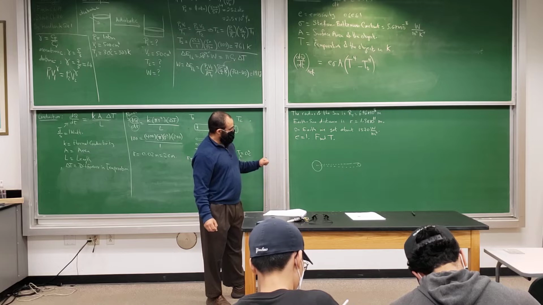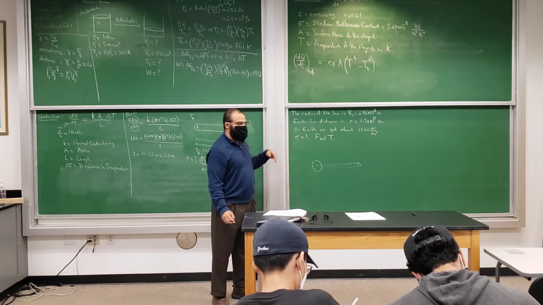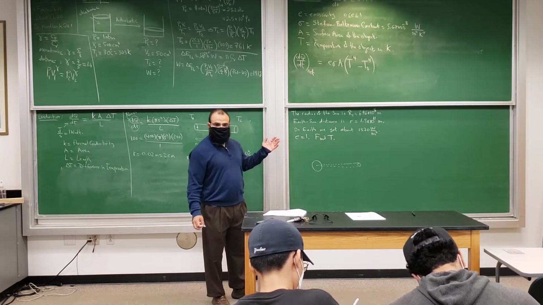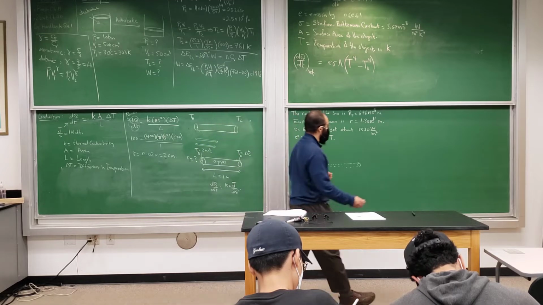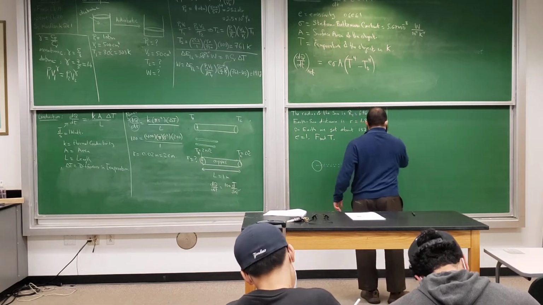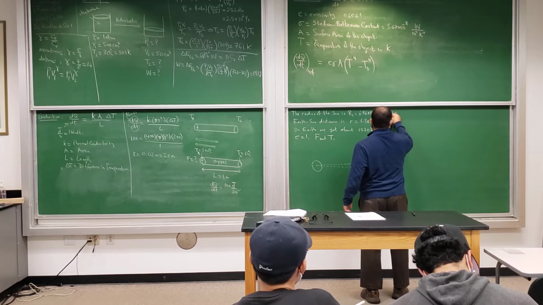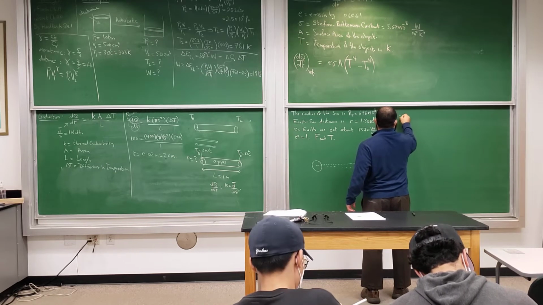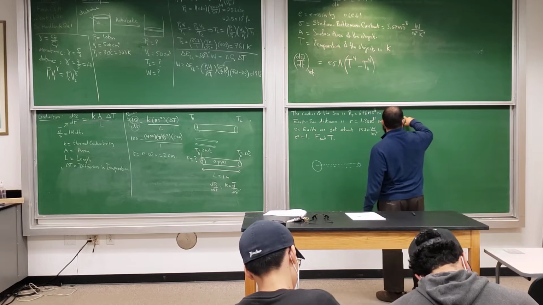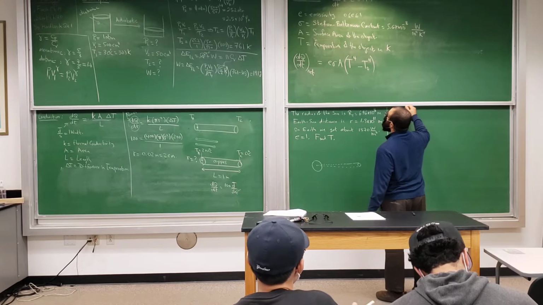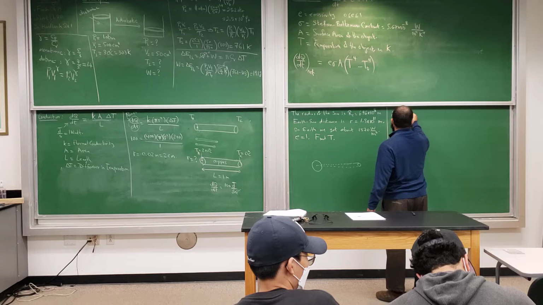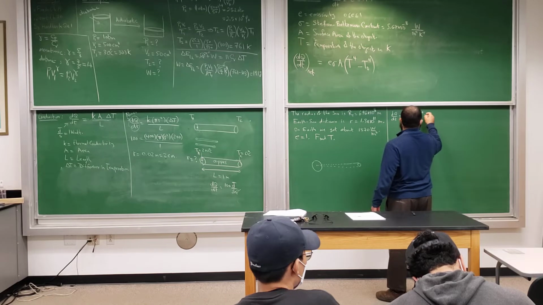Since this is about radiation, chances are I'm going to use the radiation formula. So I know the power radiated, dQ/dt, would be E sigma times A times the temperature to the fourth.